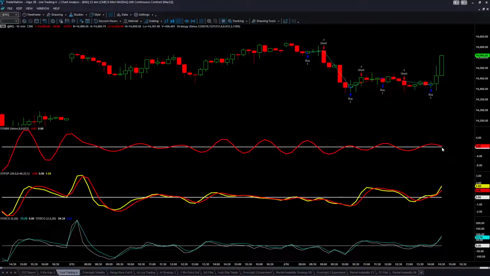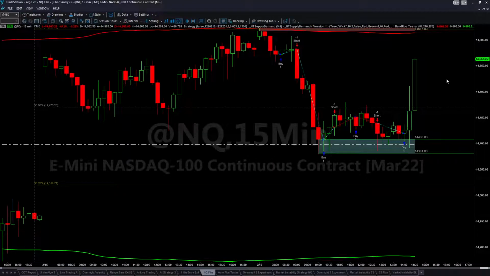It's got a little bit more. Perhaps 2 bars max. It's got a cross plus 1 bar right there. I'll just let that run.